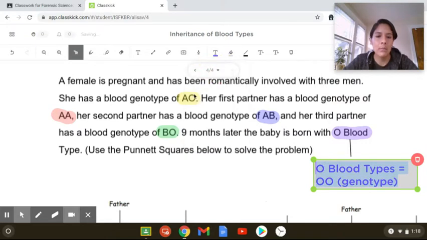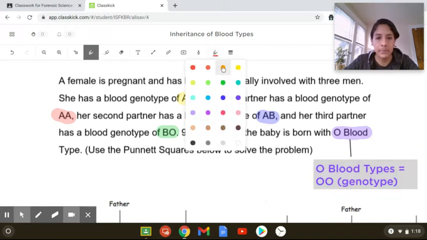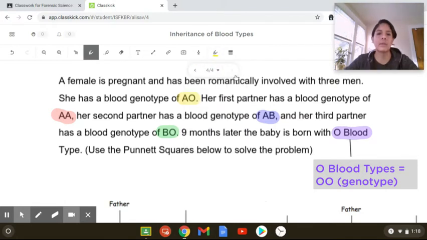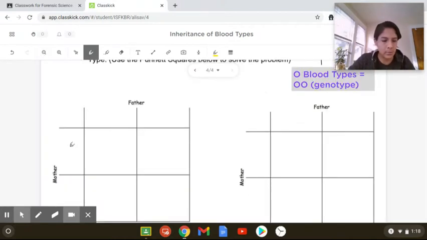So we know that the mom has AO blood type, right? So we're going to put her genes on each one of our Punnett squares where it says mom. Okay, so let me zoom out real quick. So mother here will have an A and an O to inherit, or to give.